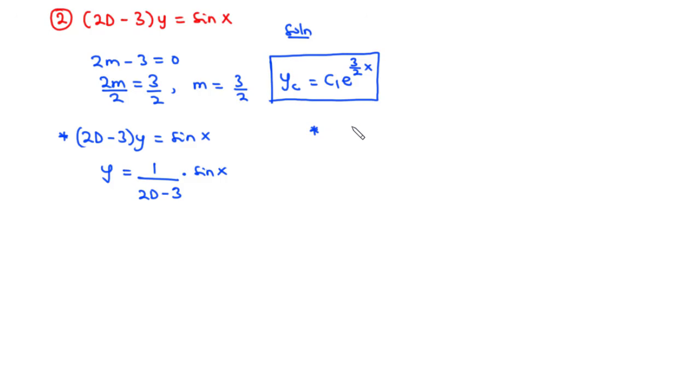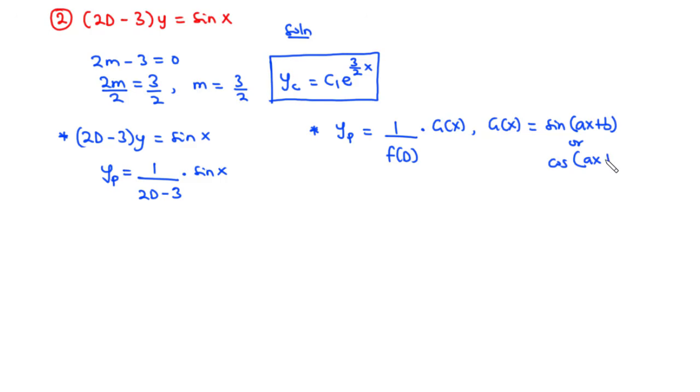So if you have yp equals 1 over f of D times g of x, where g of x is either a sine function, that is sine(ax plus b), or a cosine function cos(ax plus b), then what this primarily means is that you are going to put either D squared equals negative a squared, or D cubed equals D squared times D, which is D times negative a squared, or better still, you can have D to the power 4 equals negative a squared squared, and that is equal to a to the power 4.